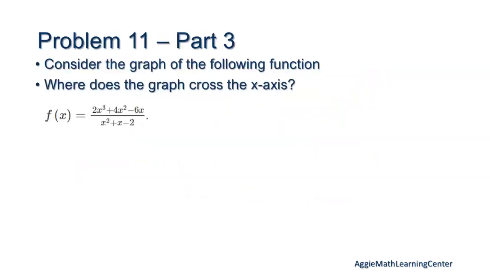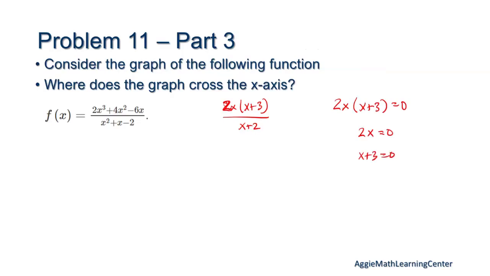So, got that oblique asymptote. Now we're going to find where it crosses the x-axis. In other words, what are our zeros of this function? So if we go back to our reduced form, which is 2x, x plus 3, divided by x plus 2, we're going to set the top, 2x, x plus 3, equal to 0. And note that we have two factors, which means that each of these can also equal 0.